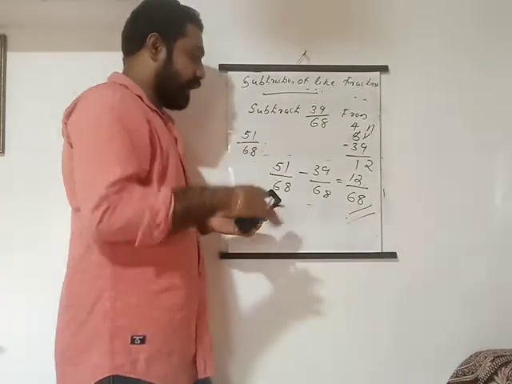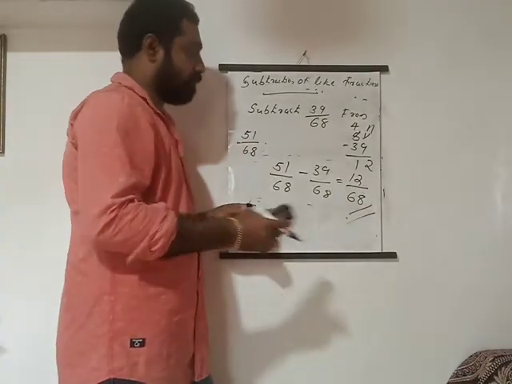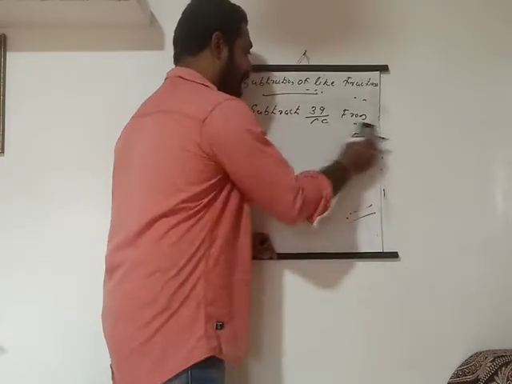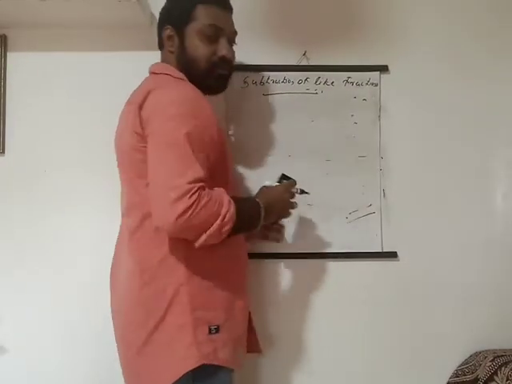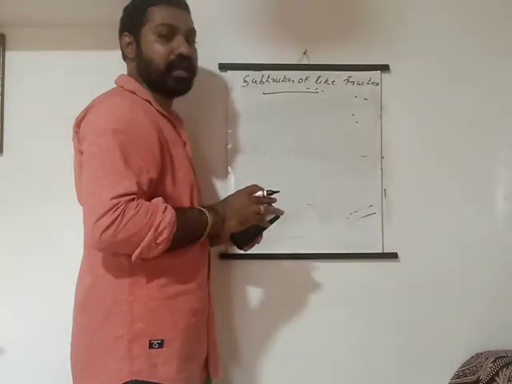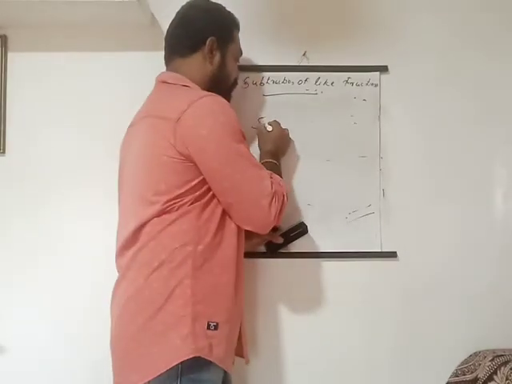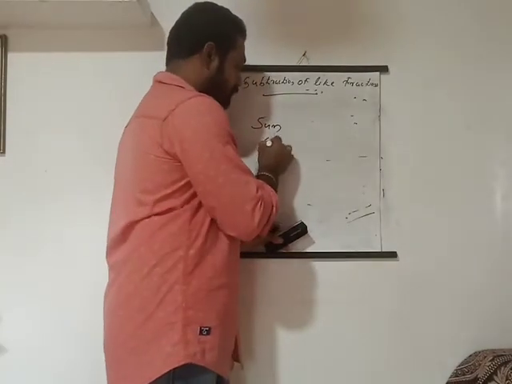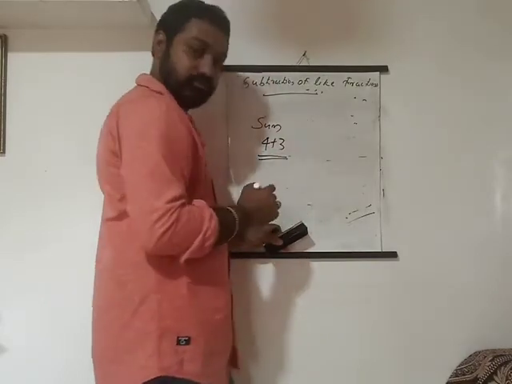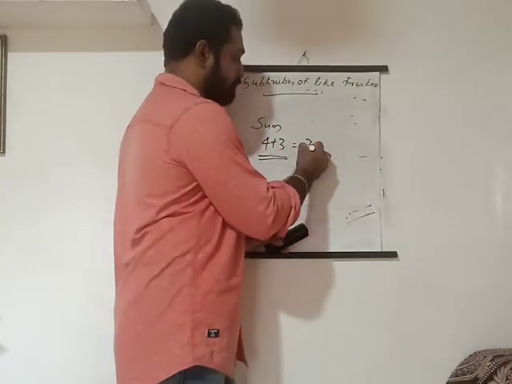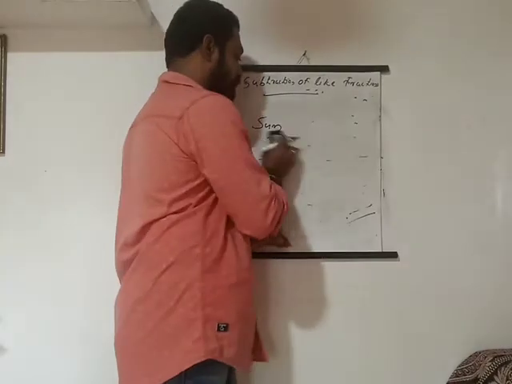Addition and subtraction, that's called. What is meant by sum? Sum means something we are adding. 4 plus 3, the sum of 4 and 3 is 7. So what is the sum of like fractions?